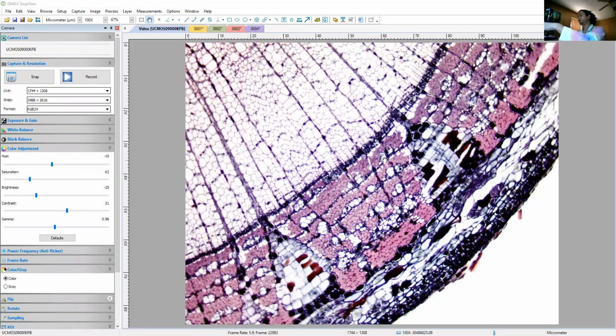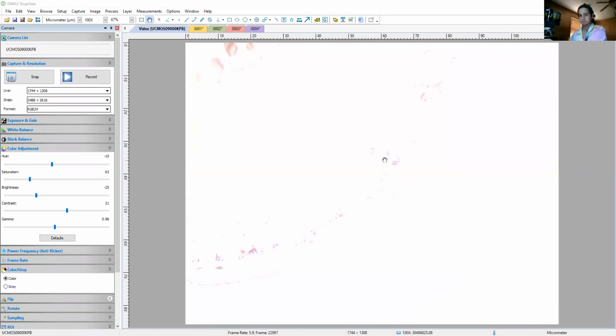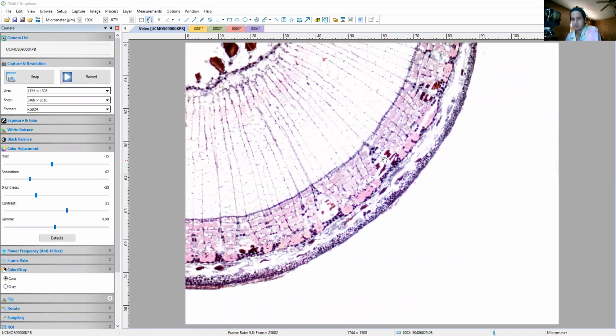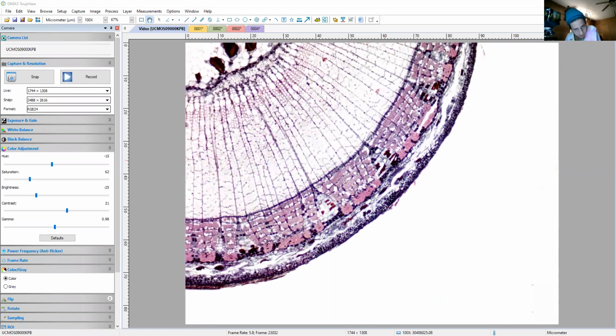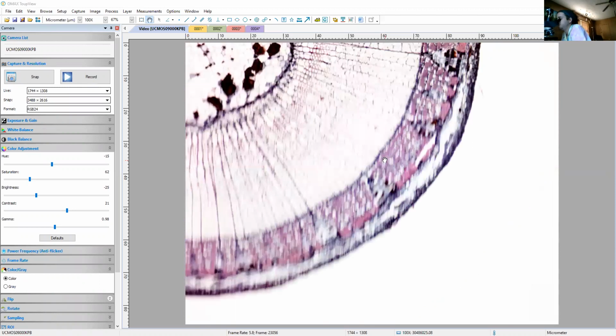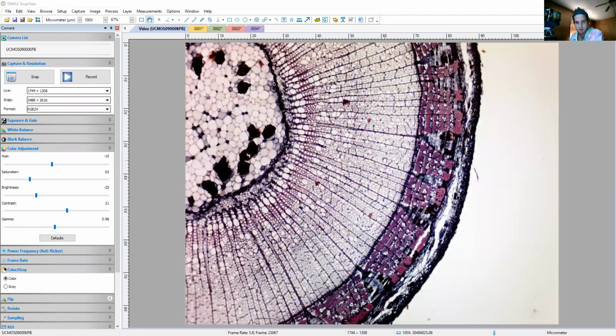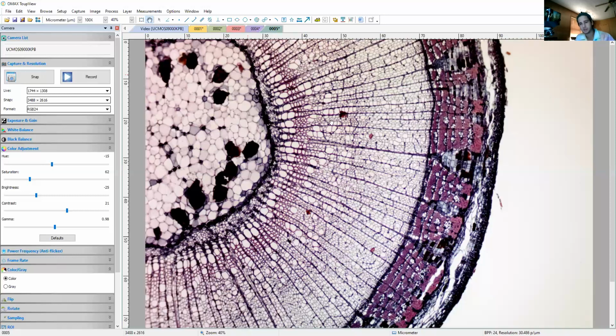Let me zoom out a little bit. So on my little Tilia stem, again, what a cool, very visually appealing image that is, if I do say so myself. Let's go ahead and snap a picture of it. It's just so darn pretty, okay?